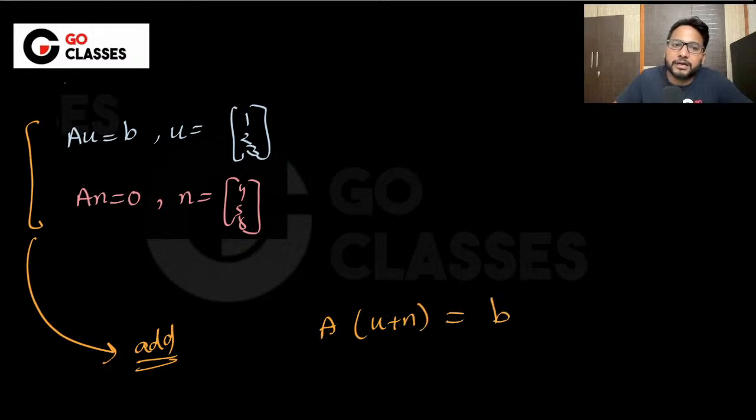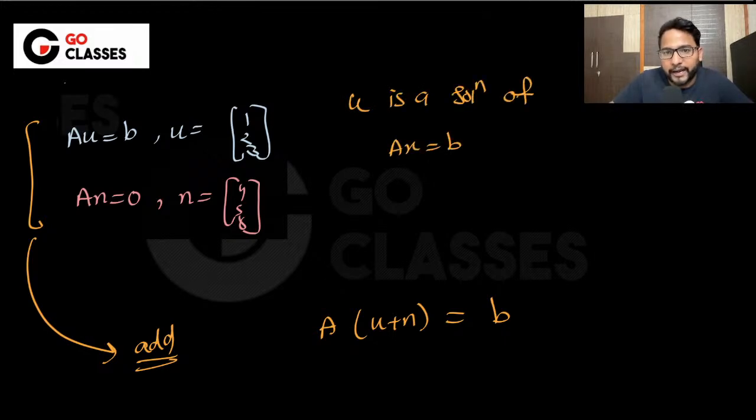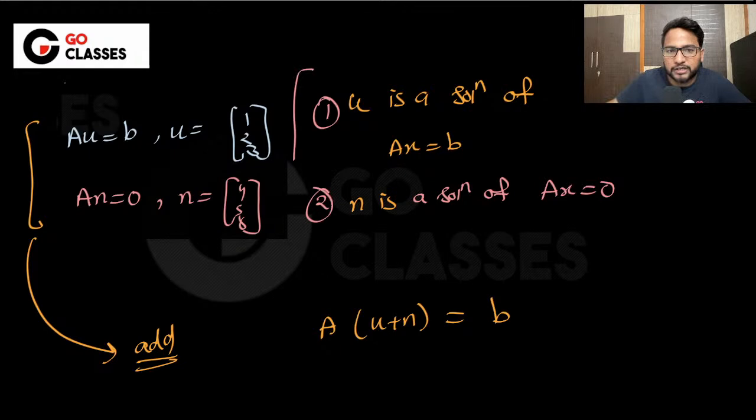So you can say if U is a solution of Ax equal to B, and n is a solution of Ax equal to 0, using these two facts, fact number 1, fact number 2, what can you say?